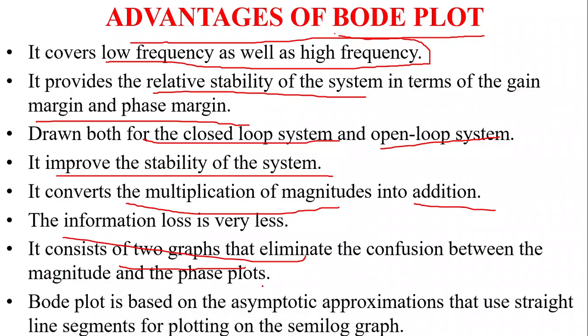These are plotted separately, which eliminates confusion. Finally, the Bode plot is based on asymptotic approximations that use straight line segments for plotting on the semi-log graph. So these are all the advantages of our Bode plot.